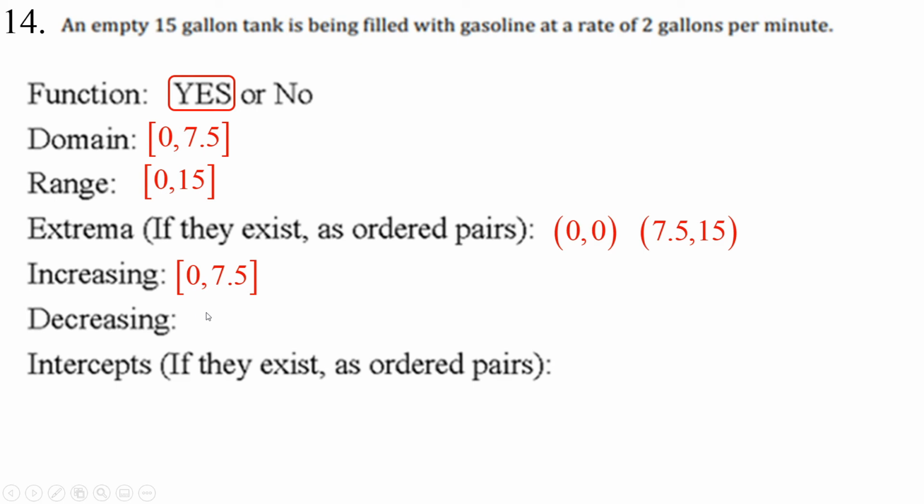When is it decreasing? Never. The empty set. And the intercepts. Well, see that (0, 0)? There we go. Will y ever equal 0? No, that's it. That's both of them right there. So that is it. 14.